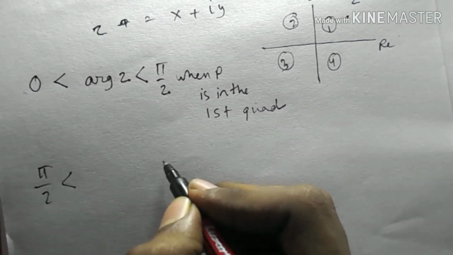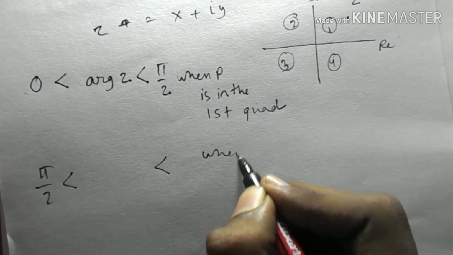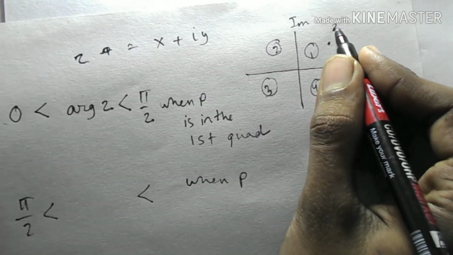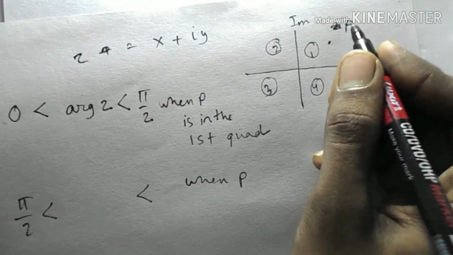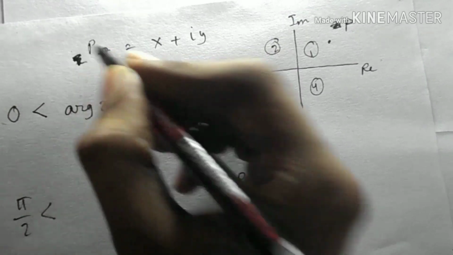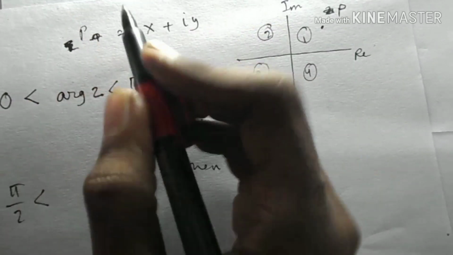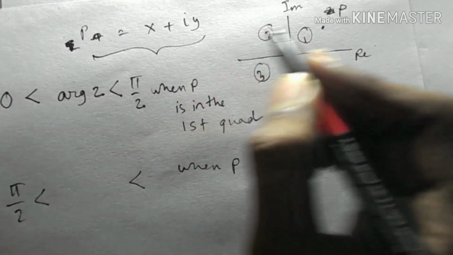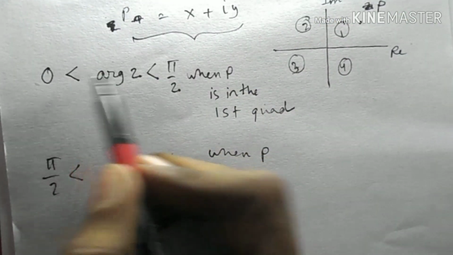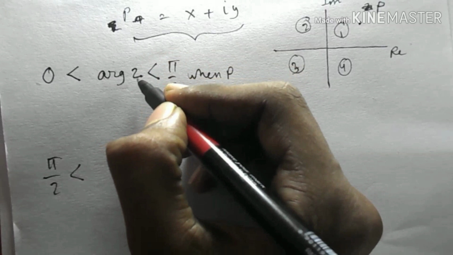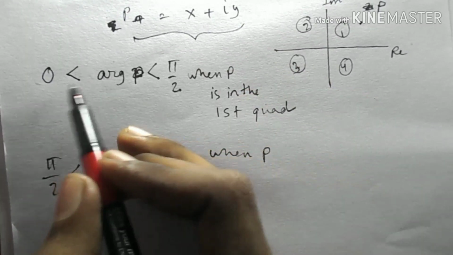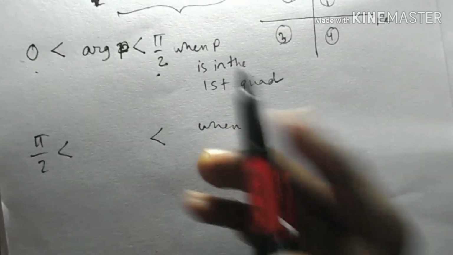Say this be a complex number p, p is the complex number x plus iy, right? So this is the p. If p lies in the first quadrant, then the value of the argument of p would be between 0 to 90 degree, right?